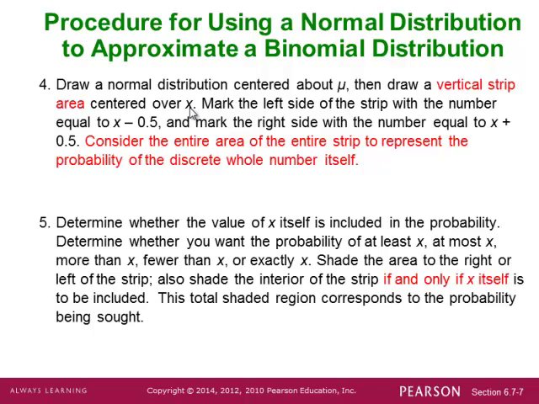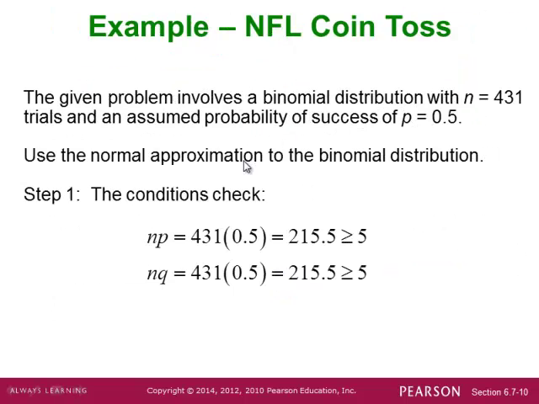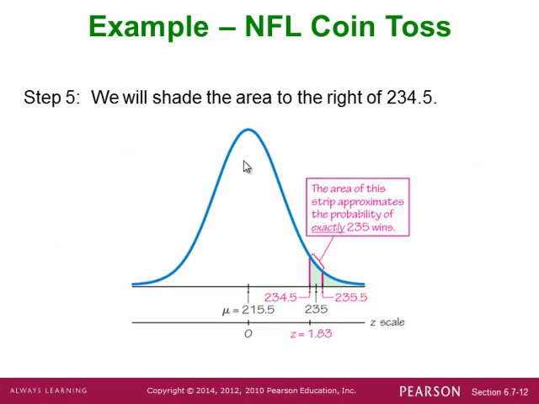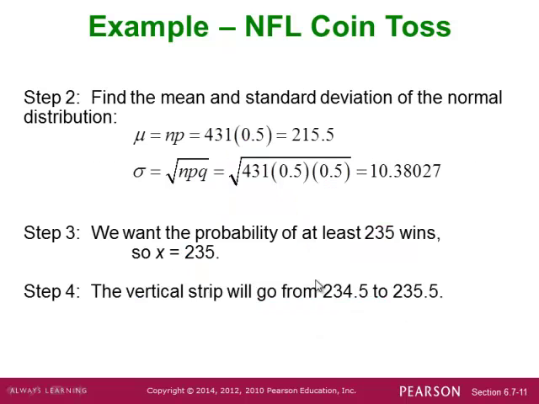And that vertical strip is going to be where you take half a unit below and half a unit above. It's a vertical strip, and I'll show you an example here in a minute. It looks something like this. So here's a vertical strip centered at 235, half a unit below, half a unit above. And you just want to highlight that.